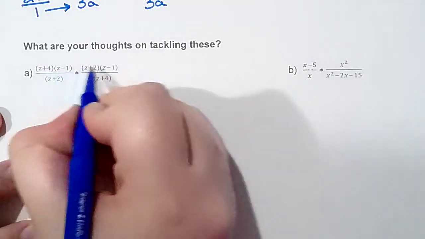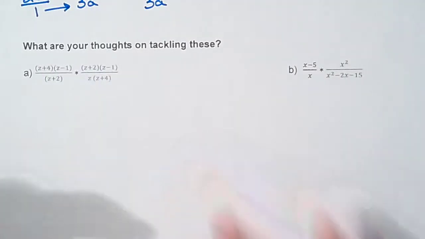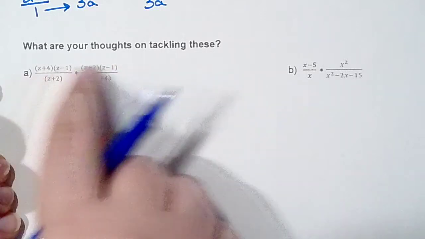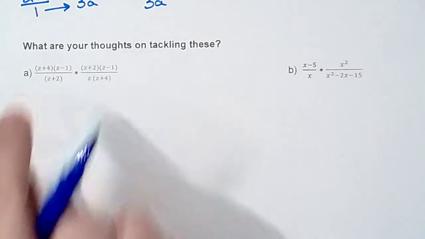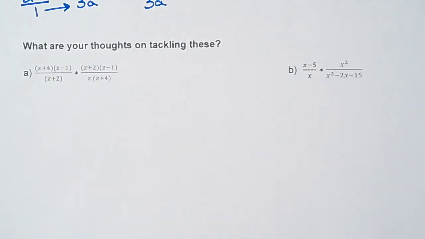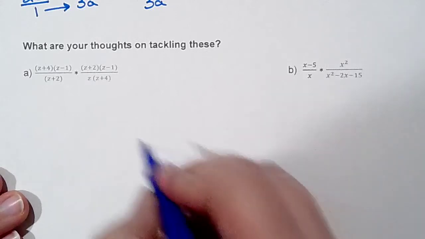Notice, this is all multiplication. We can multiply these until we are blue in the face. It does not matter, because no matter what order you multiply the top and the bottom in, you're still going to have the top over the bottom. Doesn't change anything. So, my cross-reducing method works here.